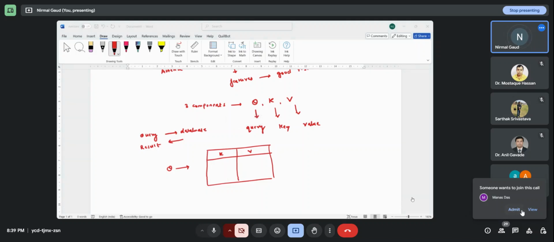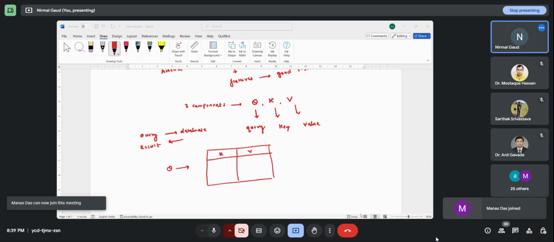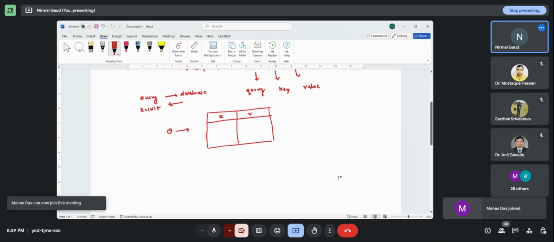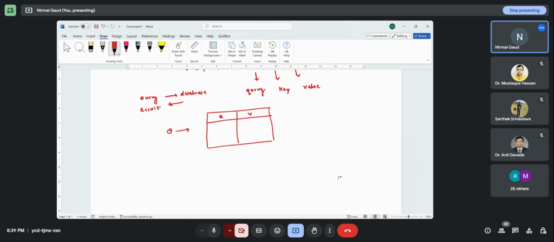Now, how is this converted into attention? I need to focus upon specific parts, areas, features, terms. How is this converted into attention?